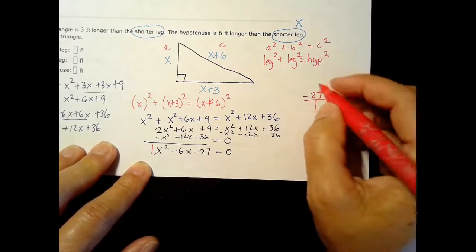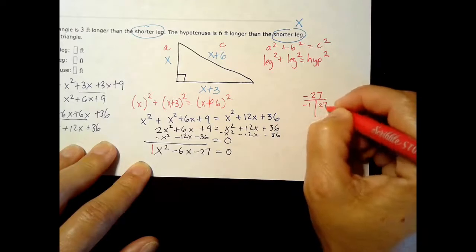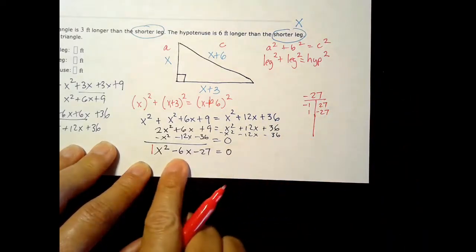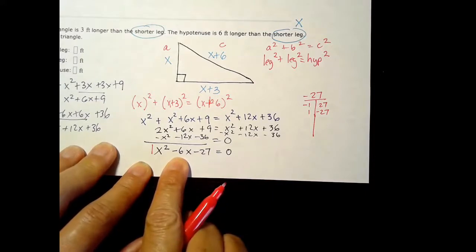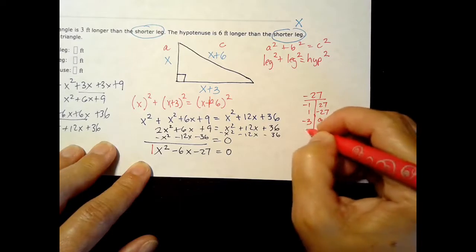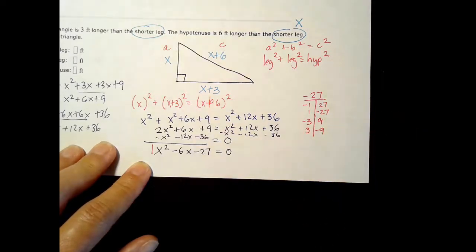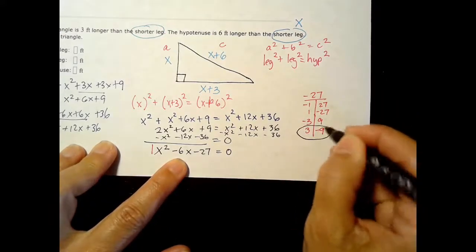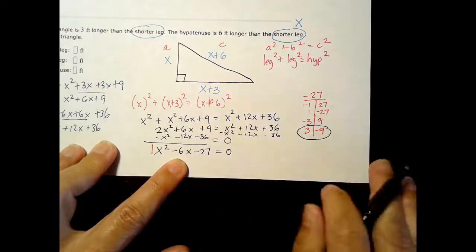So that would be a negative 1 and a positive 27, a positive 1 and a negative 27. Remember, ultimately, we're trying to combine them and get a negative 6. So that would be a negative 3 and a positive 9, or a positive 3 and a negative 9. So which of these is going to give me that negative 6 in the middle? And it will be this positive 3 and negative 9.